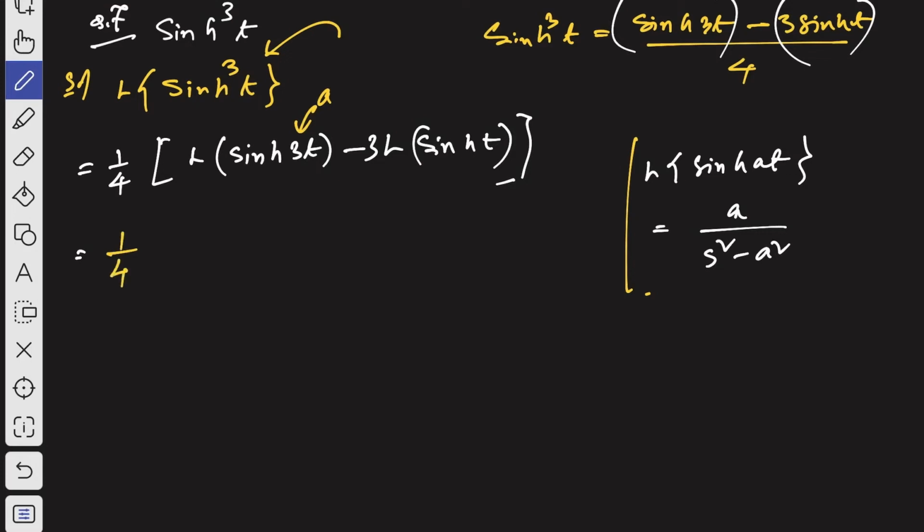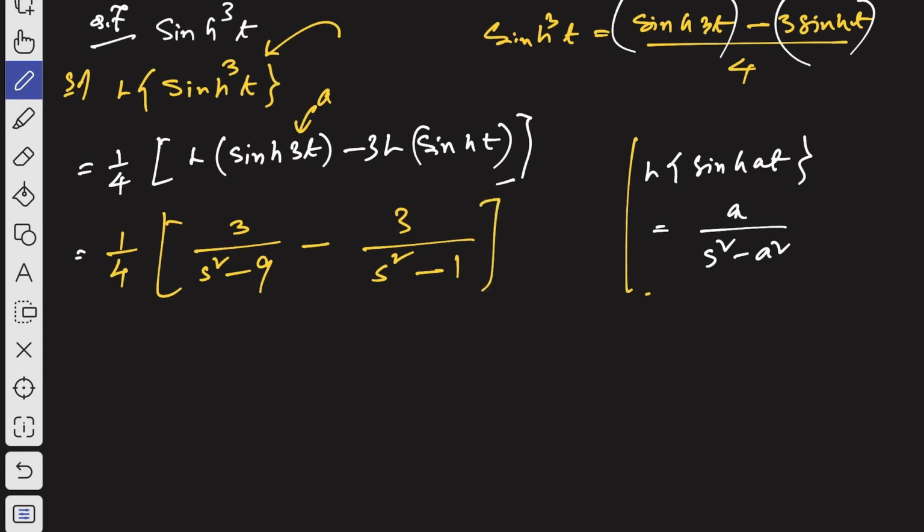So what we will get: 1 by 4, the Laplace transformation of sine hyperbolic 3t will be 3 by s square minus 3 square, which is 9, then minus 3 into, again here sine hyperbolic t means 1t, we can consider 1 into 3 is simply 3, so we can write 3 by s square minus 1 square, which is 1, right? We get this.